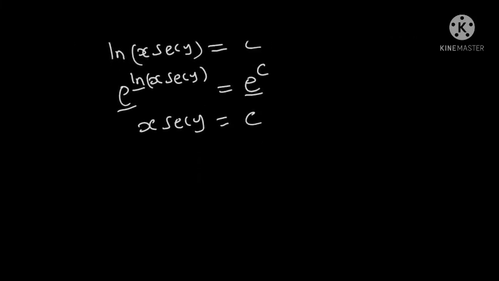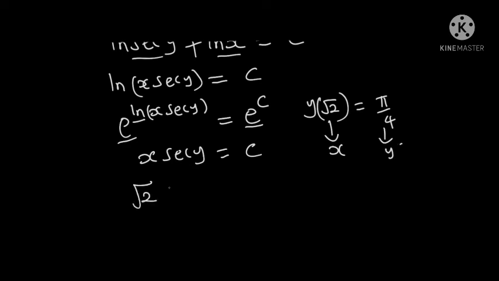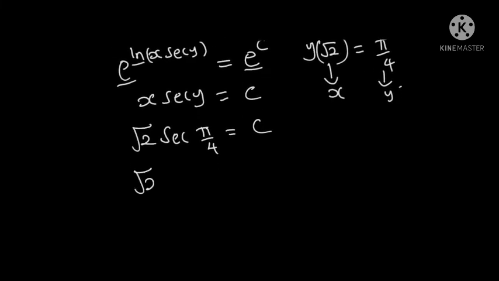Up to this point, we can now insert our conditions. Our condition was y of root 2 equals pi over 4. Remember, this is x and this is y. So we have root 2 sec pi over 4 equals c.